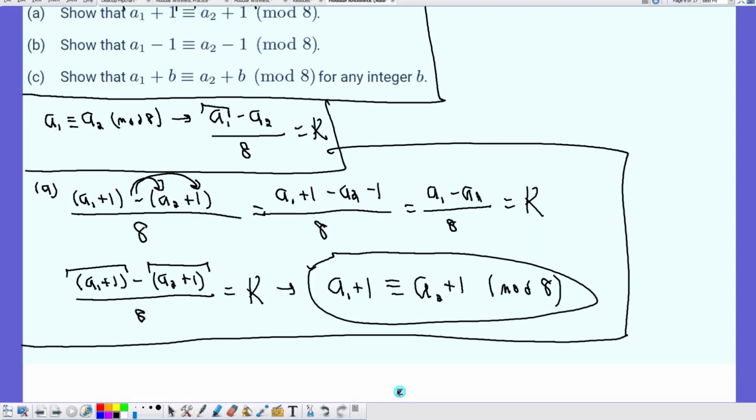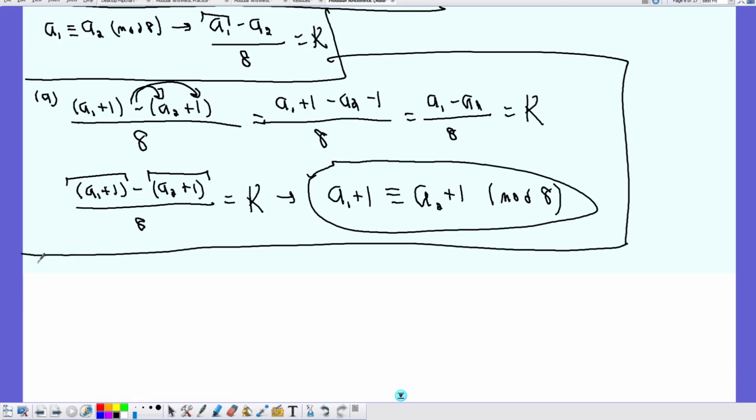Now, part B wants us to do it for subtraction. Is a1 minus 1 congruent to a2 minus 1? Let's see. I'm going to use the same technique I used before. So, we have a1 minus 1 minus a2 minus 1, all over 8.